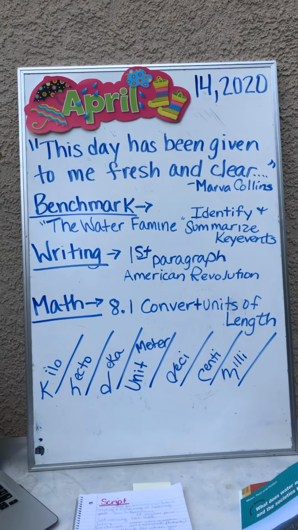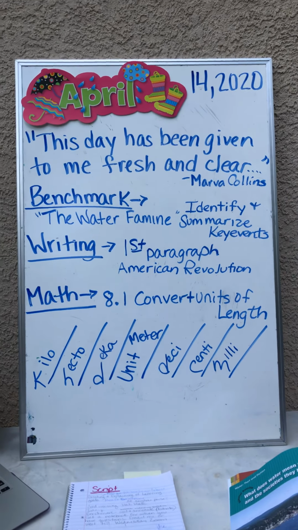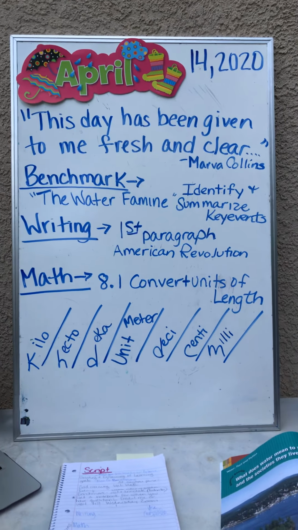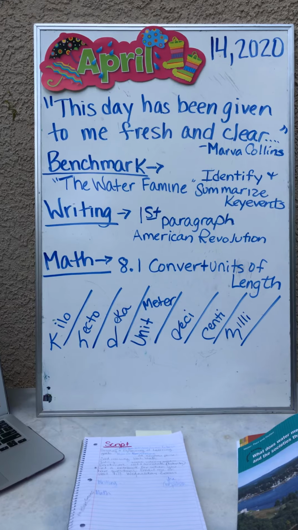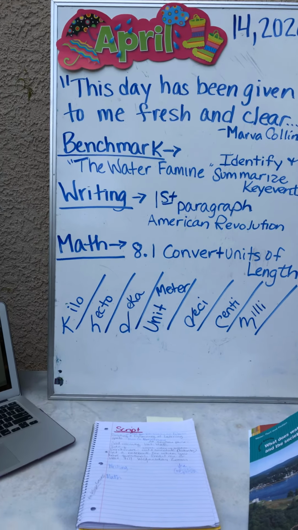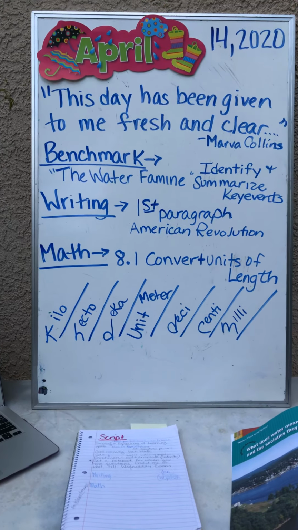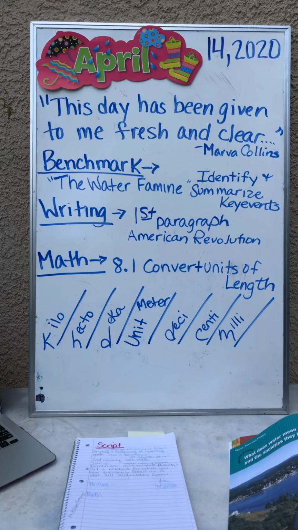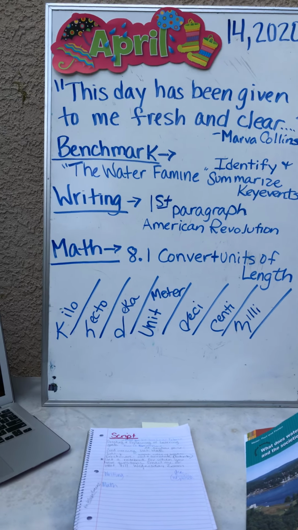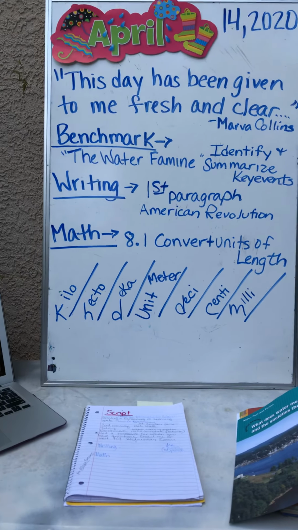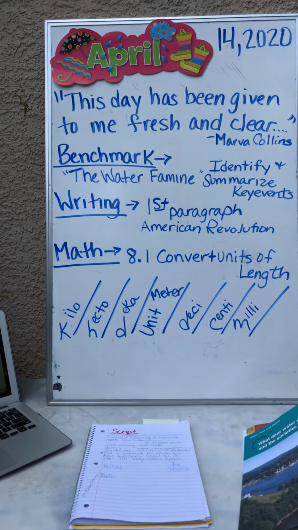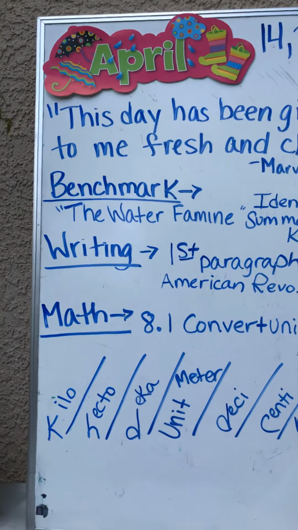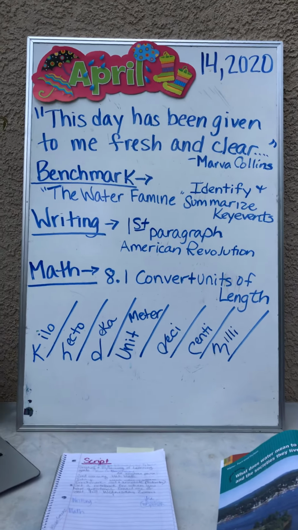Good morning. If you guys can remember your poem and you want to say it, go ahead. It's a good way to start the day. So for Benchmark, we're going to be reading out of Benchmark. The water famine is the first story. Your job's going to be to identify and summarize the key events. You will have a video to watch, and you have another thing called the weekly presentation, and that will help you.